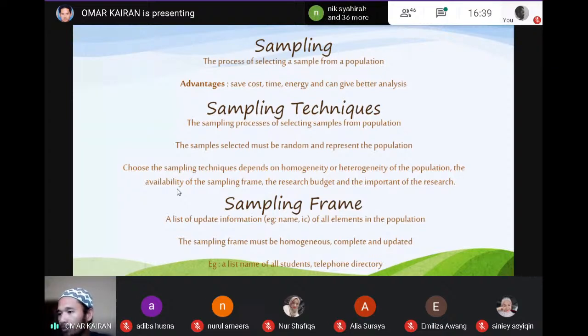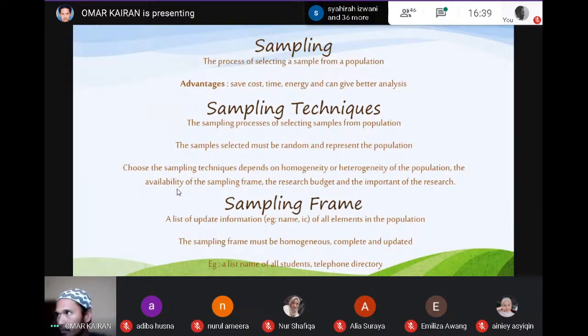So the 1,000 population means that they are homogeneous, okay, diorang sama saja. So itu dinamakan heterogeneous, and it is homogeneous.